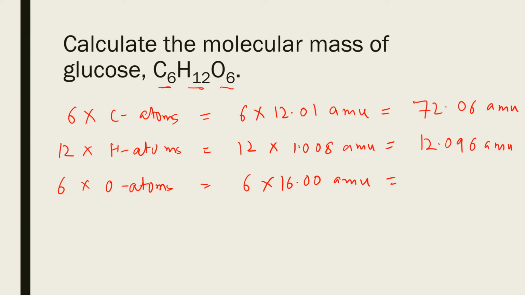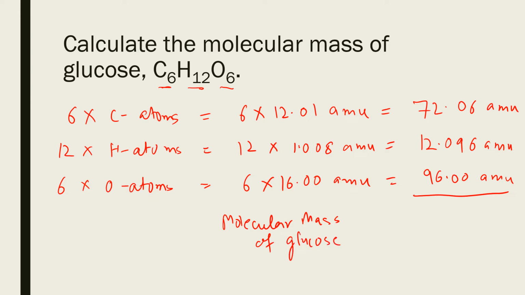So 6 of them will have a combined atomic mass of 96 AMU. By combining all the masses together, we can calculate the molecular mass of glucose, which will be equal to 180.16 AMU.